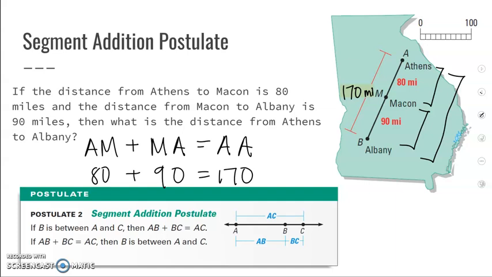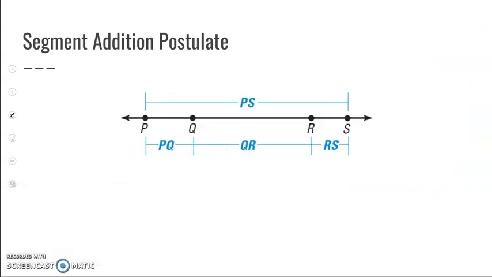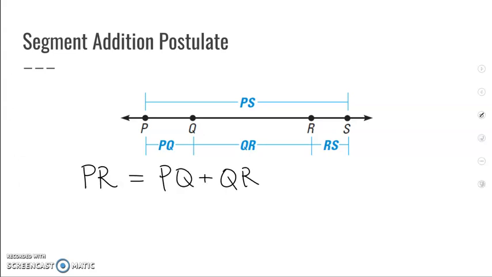Now notice it has to be between the two other points that we're considering in order for this postulate to hold. Let's take a look at another example and illustrate this a few additional ways. If I wanted to find the length of PR, I could represent that as PQ plus QR.